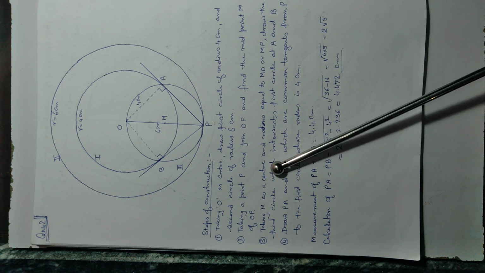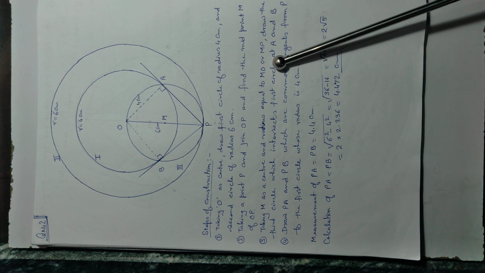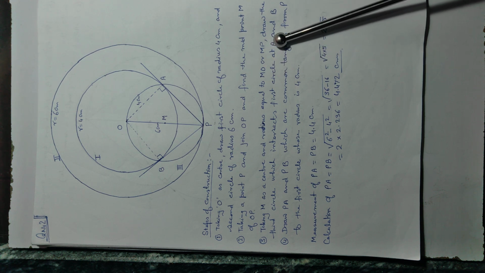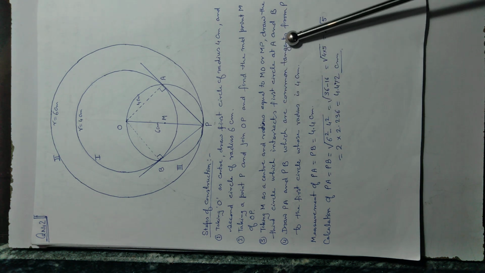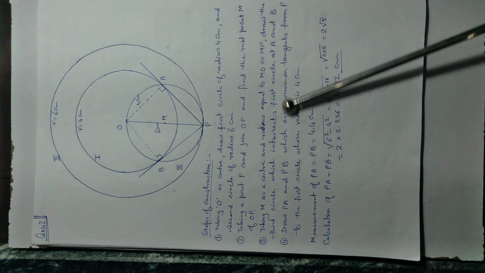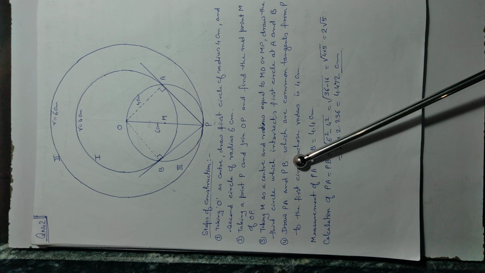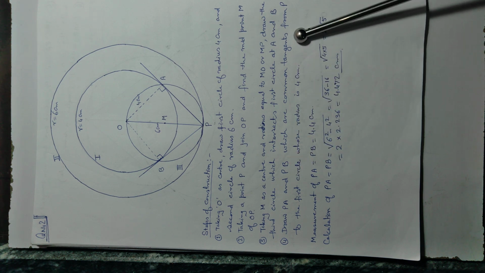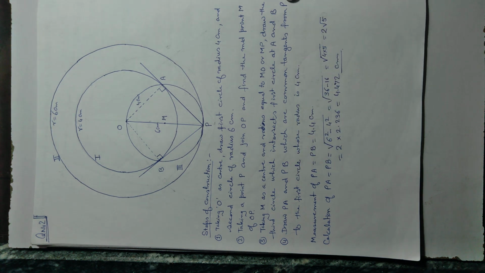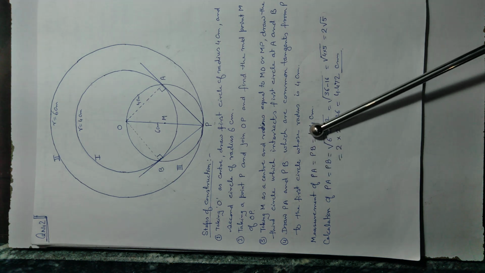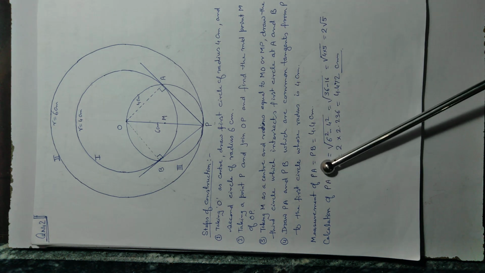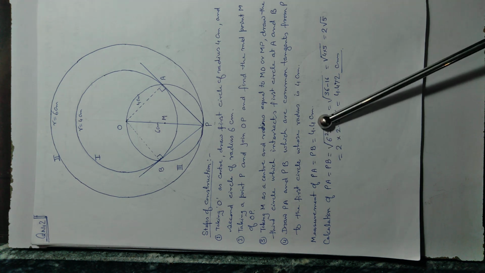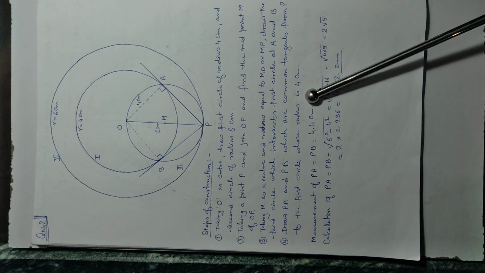Taking M as a center and radius equal to MO or MP, draw the third circle which intersects the first circle at A and B. Draw PA and PB, which are common tangents from P to the first circle whose radius is 4 centimeter. Measurement of PA is equal to PB, that is 4.4 centimeter.